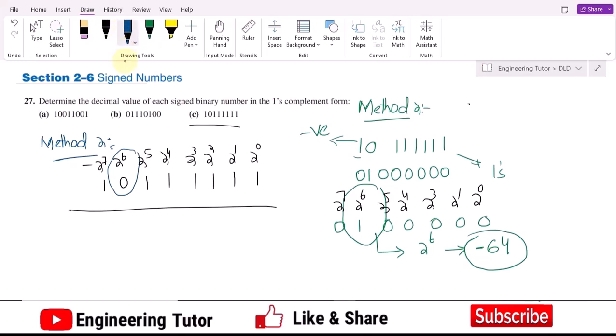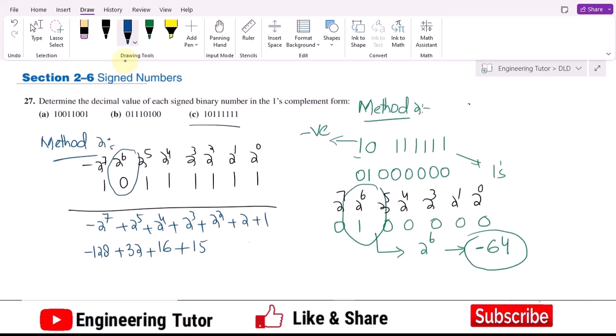Otherwise, to find all the terms here, we would have had to add this one with this one with this one. All the terms would be added together: 3 plus 4 is 7, 7 plus 8 is 15, 15 plus 16 plus 32, and here it would be minus 128.